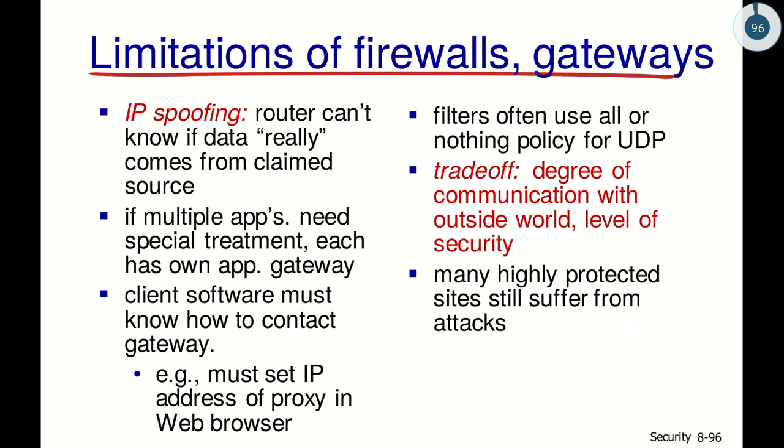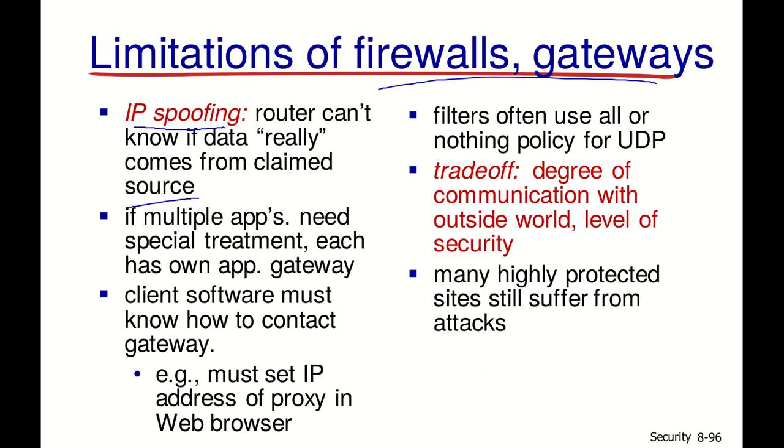Now we will review some limitations of firewalls, including application gateways. First of all, it cannot detect any IP spoofing, because whether we use stateless or stateful firewalls, the router cannot know if the data really comes from the claimed source.